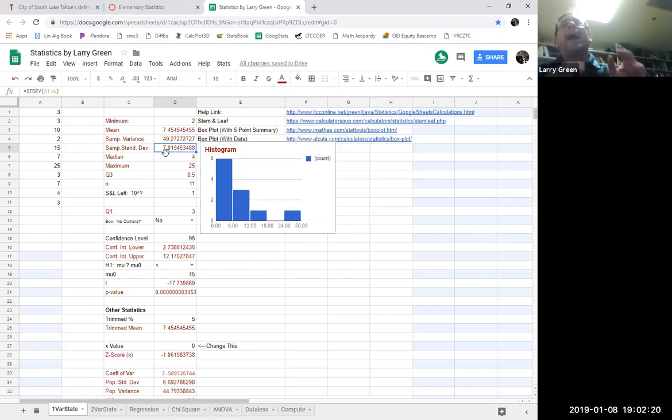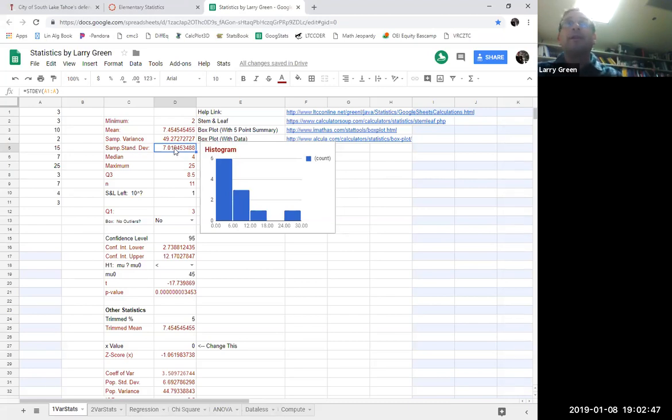But the average student is about 7.019 away from 7.45. Any questions on that? So the sample standard deviation talks about how spread out the data is. And that is the most important new statistic for these first few weeks. So get that one down. If you have any questions, let me know.